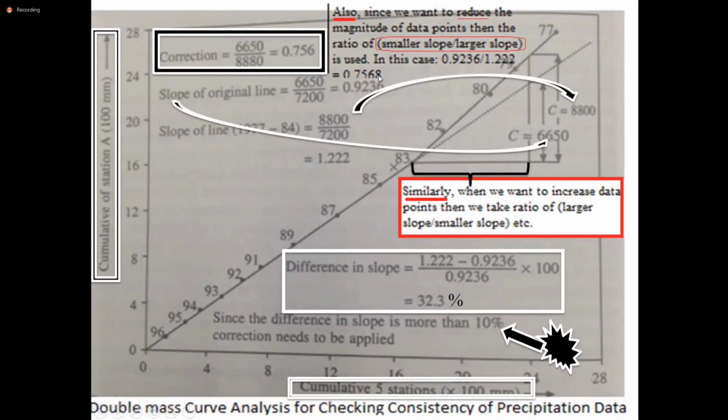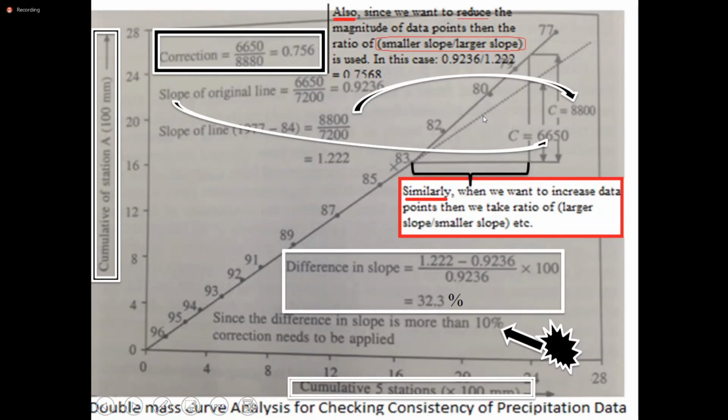What I have written here, maybe I should show that first. How do we bring it down? I have made some notes that when you have to correct and reduce the value, then you use the smaller slope divided by the larger slope. So you use that ratio, smaller slope versus the larger slope, because we want to make the value smaller.